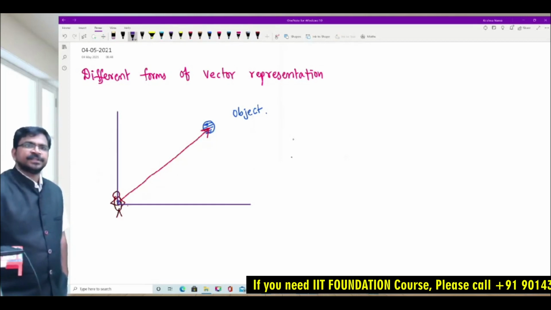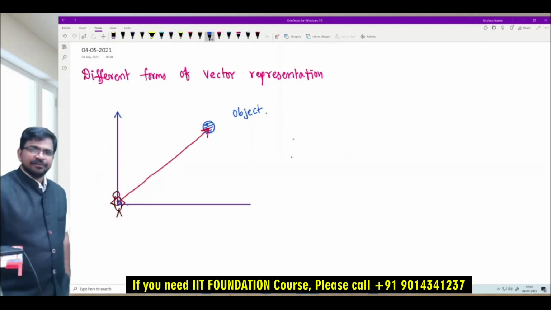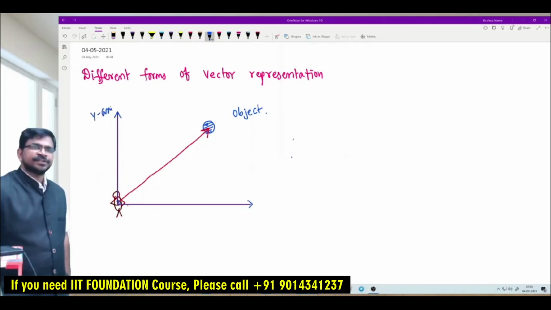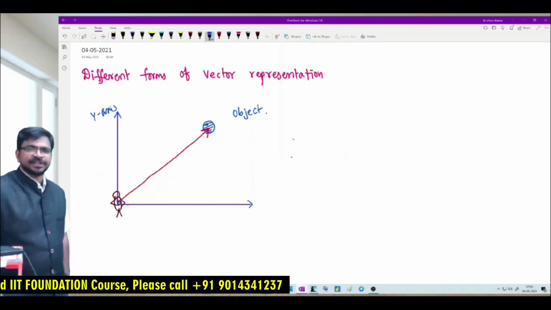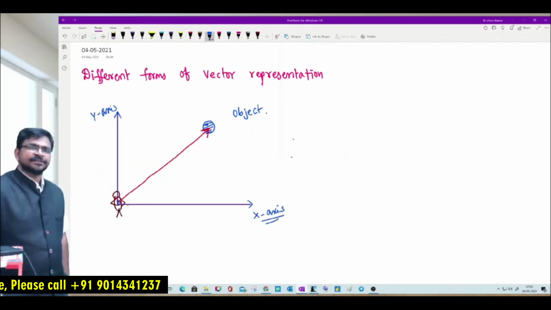This is the x and y axis. I hope you are very familiar with this coordinate system, so there is no need to discuss it in detail.